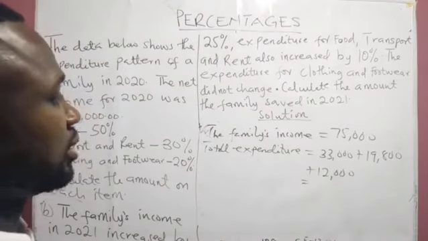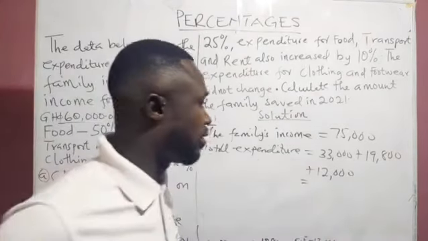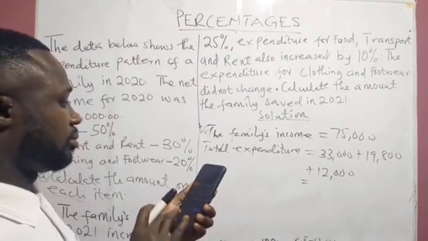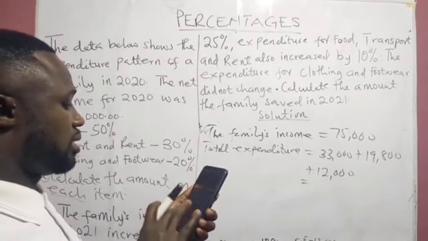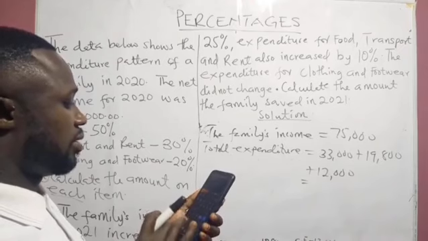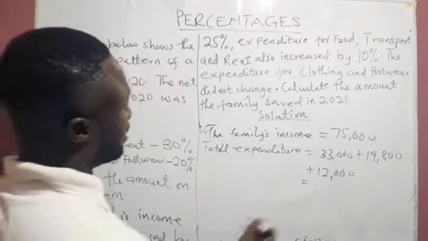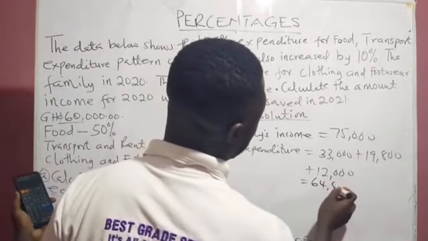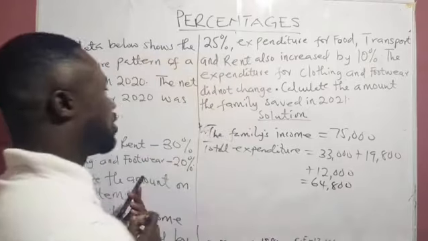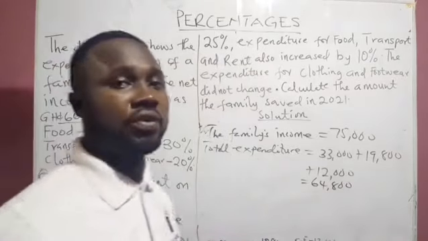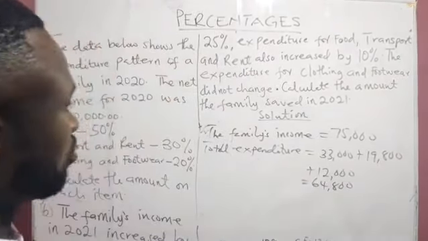So 33,000 plus 19,800 plus 12,000. That will give us 64,800. So this is the total expenditure of the family in 2021.